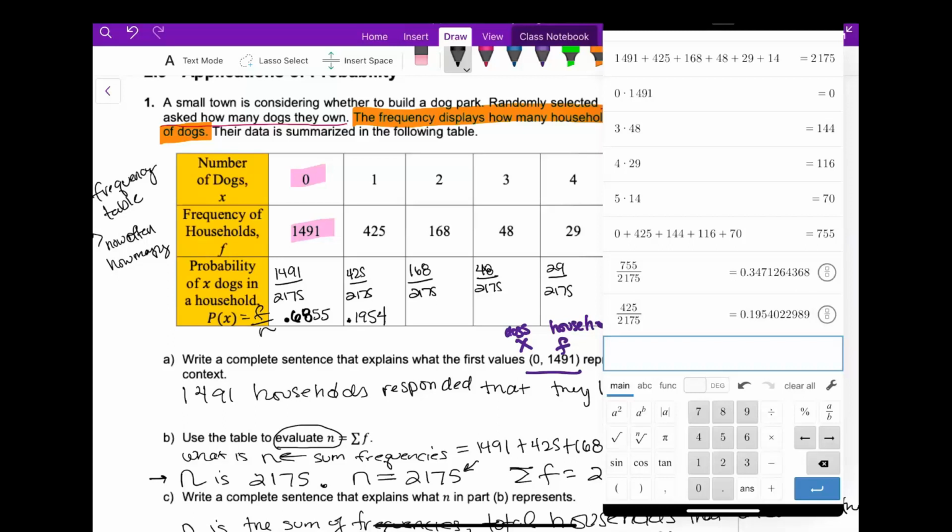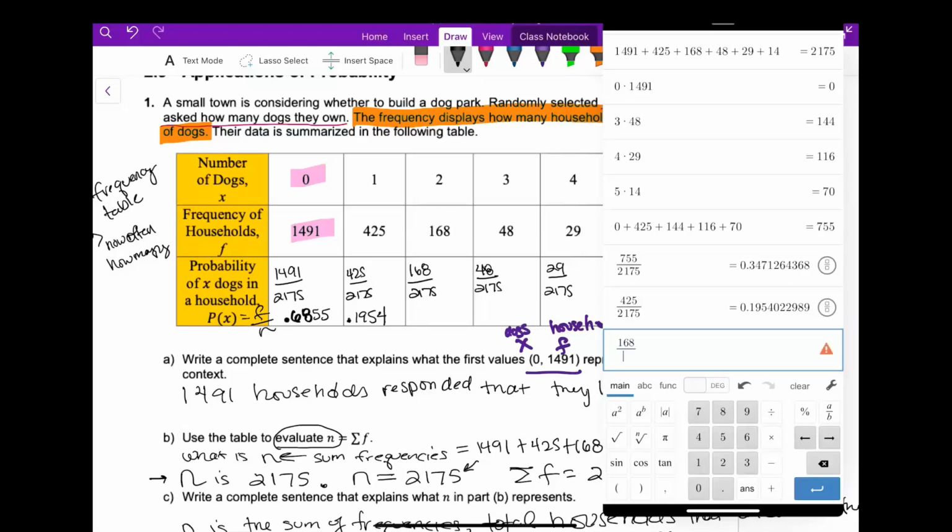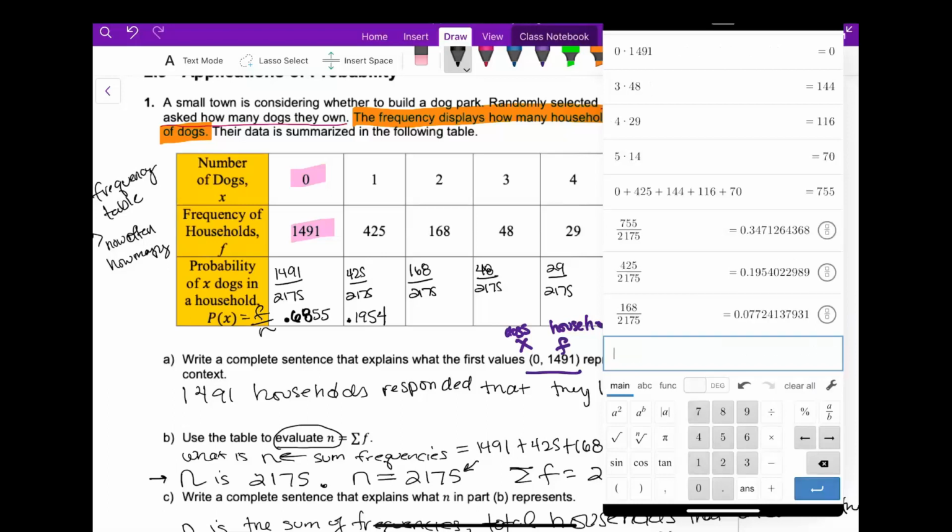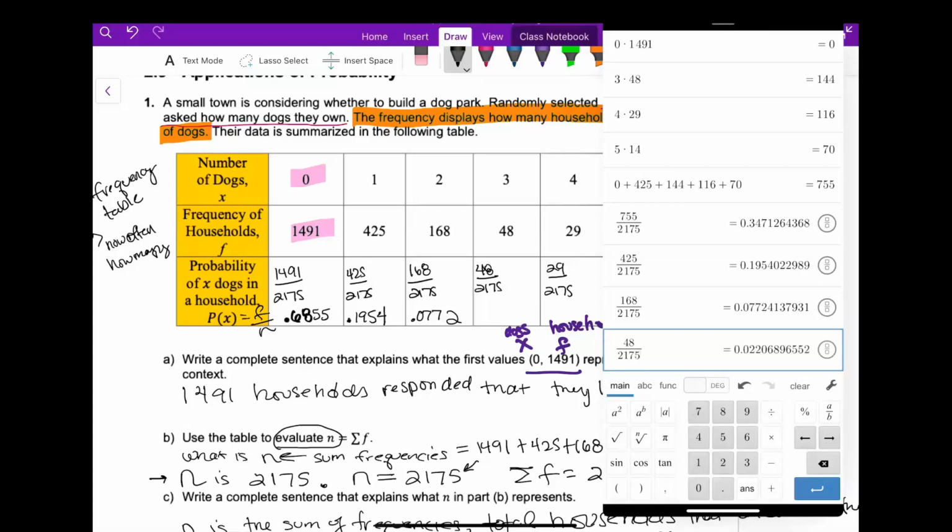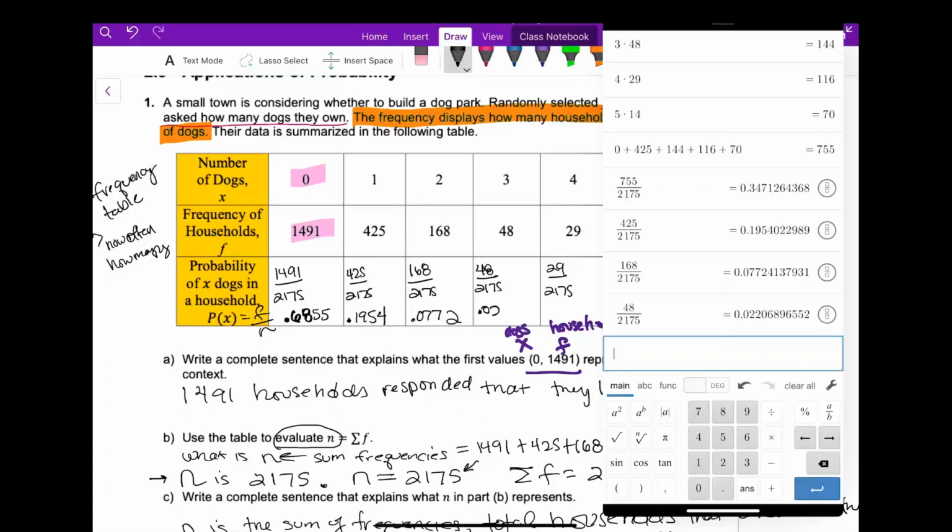168 divided by 2,175. 4 places. That's going to be 0, 7, 7. Then I have 2, 4. The 4 is less than 5, so this is going to stay 2. Then 0, 2, 2, 0, 6. The 6 is more than 5. This will go up 1.